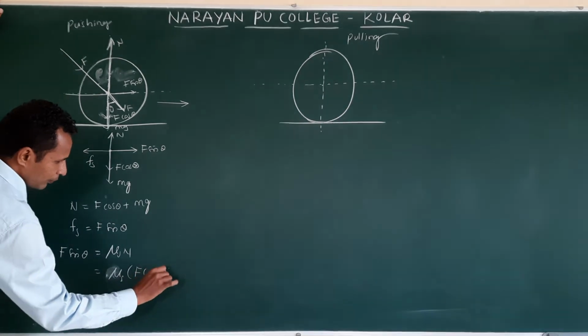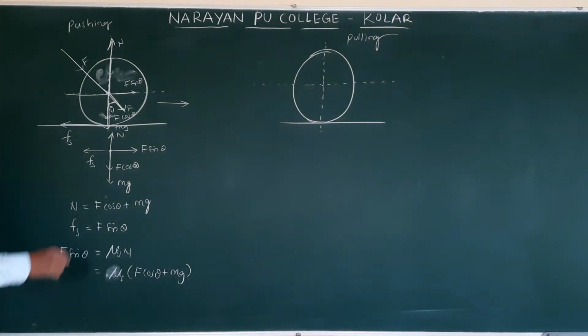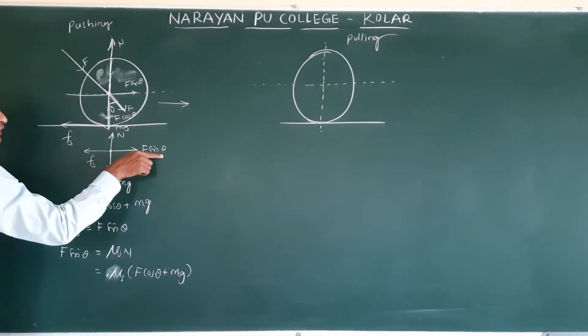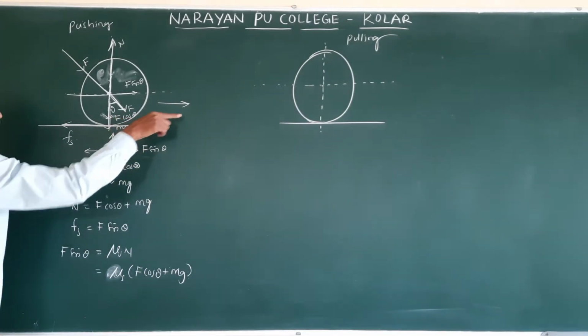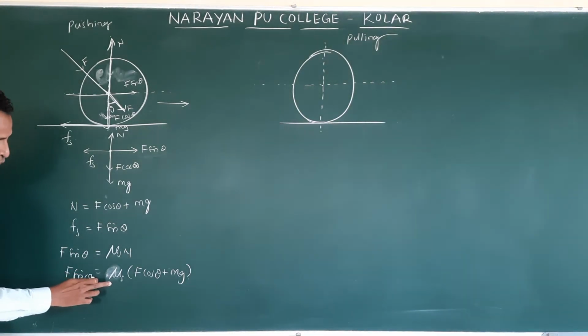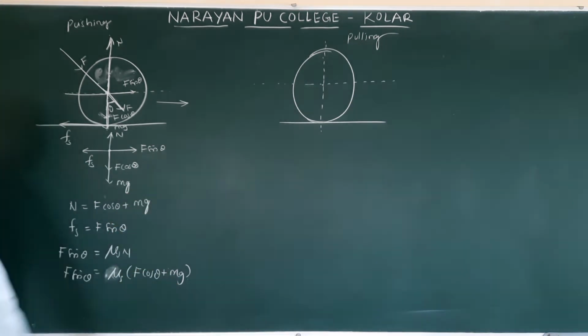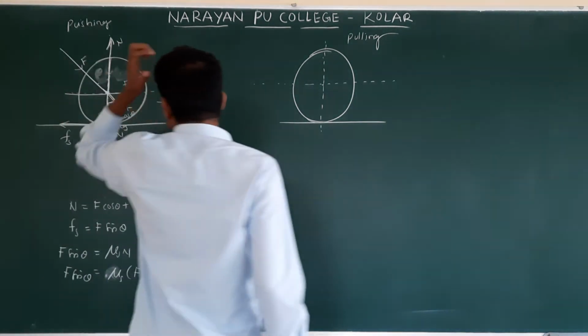F cos theta plus mg. So which force helps to move forward? F sin theta. So F sin theta is equal to mu s into (F cos theta plus mg). Now this is the pushing case.